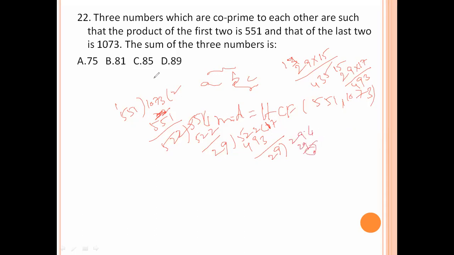So 29 is the HCF. So the middle number is equal to 29.